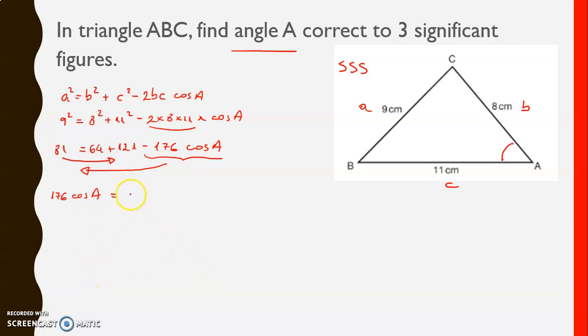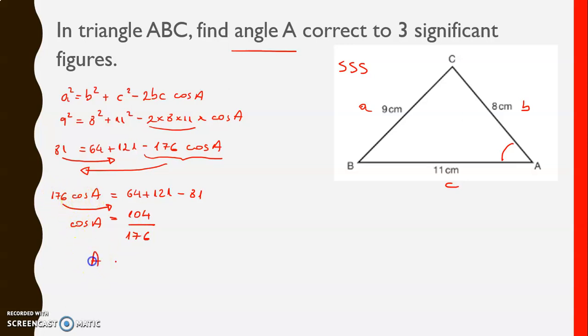So if we move 81 to the other side, we end up with 64 plus 121 minus 81, because 81 was positive there. So this adds up to 104, and then we want to keep this cos of A, and we want to get rid of 176, which we're going to move to the other side. It becomes divided by 176, because here the operation between 176 and cos is multiplication.